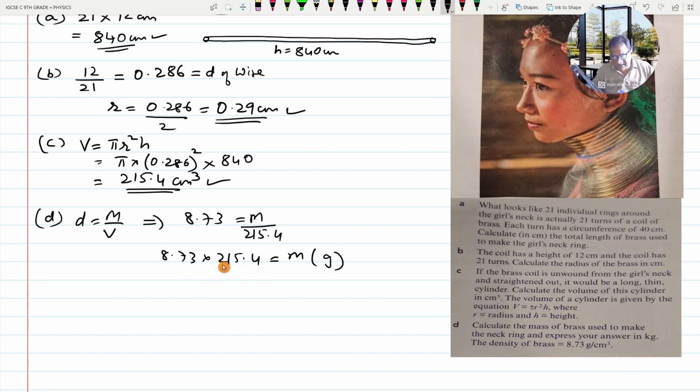And if you do that, you get some 1884.4 something grams. This is the mass. And if you want to convert it into kg, it will be 1.88 kg. Okay. If you divide this by 1000, you will get the answer in kg. So this is the mass of the brass ornament. That's the answer for the D part.